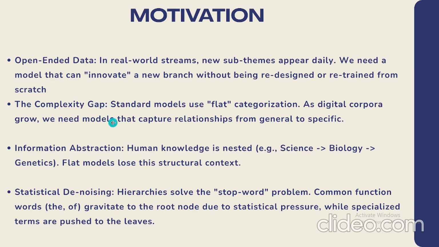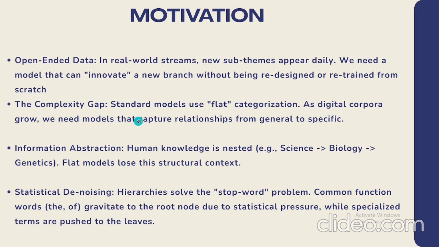Think of how humans learn. We understand the concept of science first in a smaller grade, like 6th or 7th. Then we specialize in biology, and those who pursue biology further eventually understand the concept of genetics.